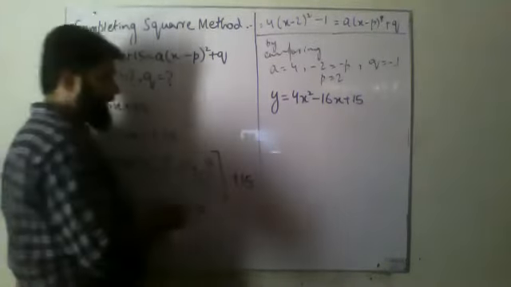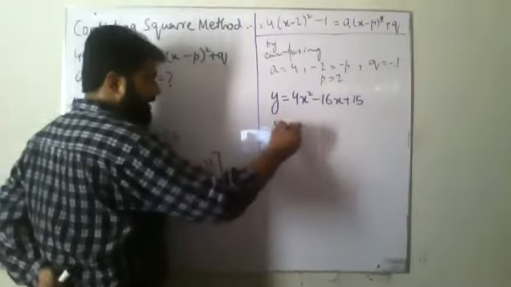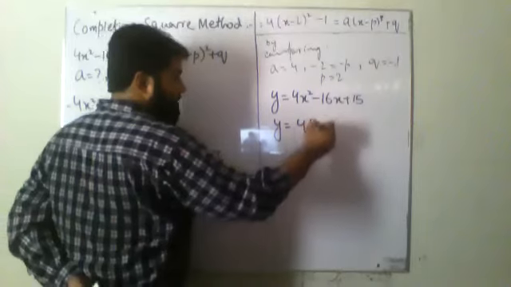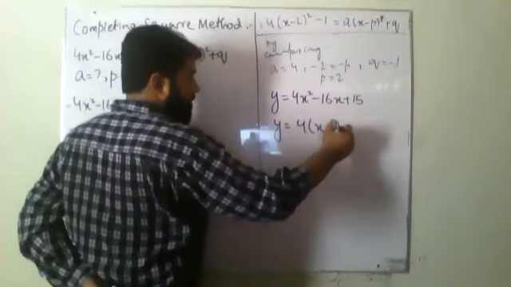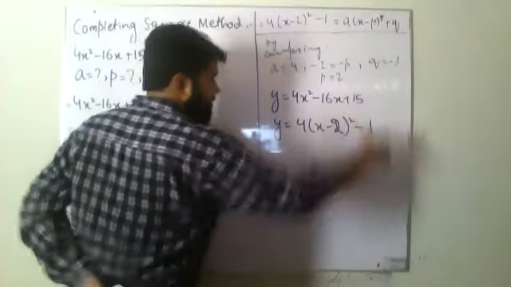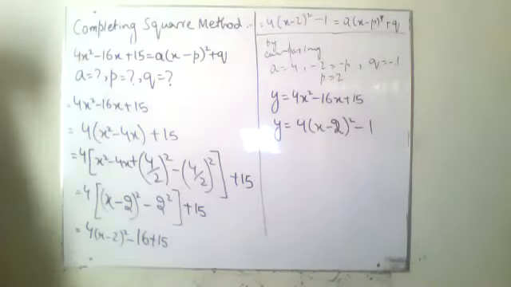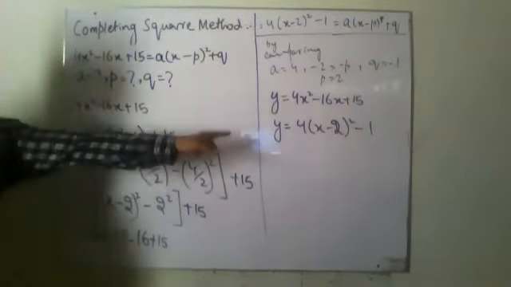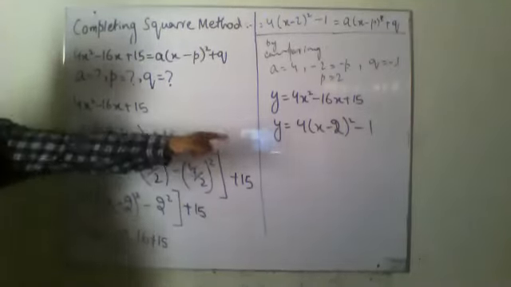So I can directly write y equals to 4(x minus h) whole square plus k, the completing square form.